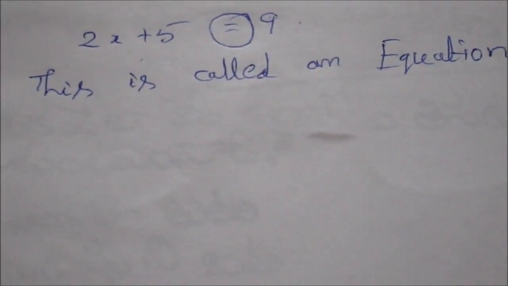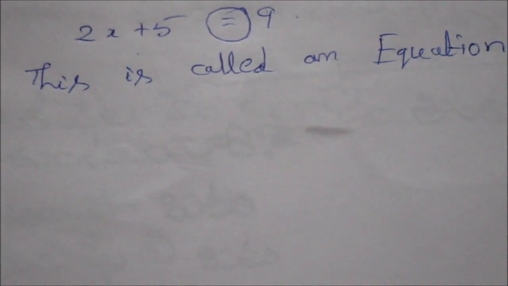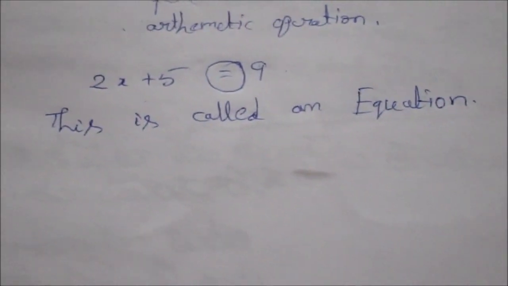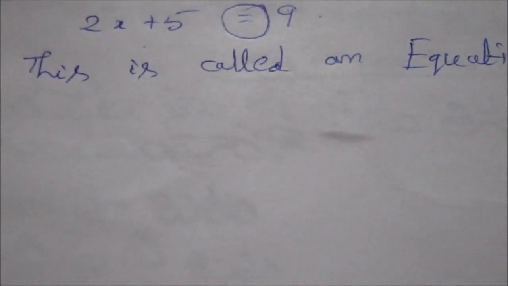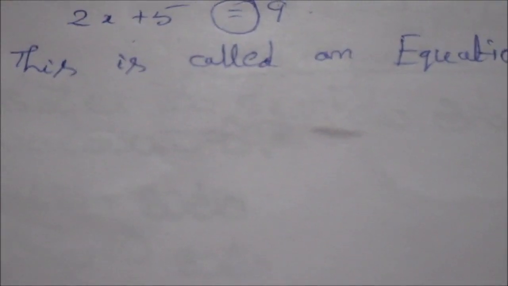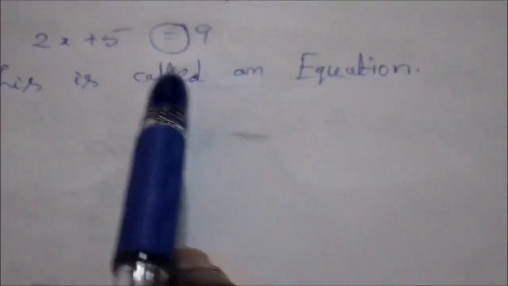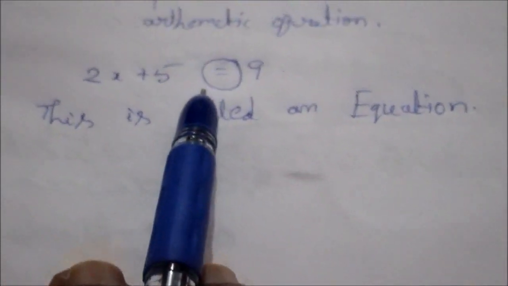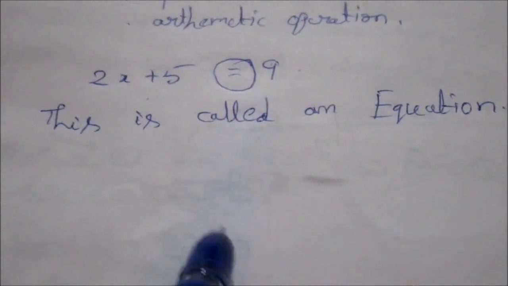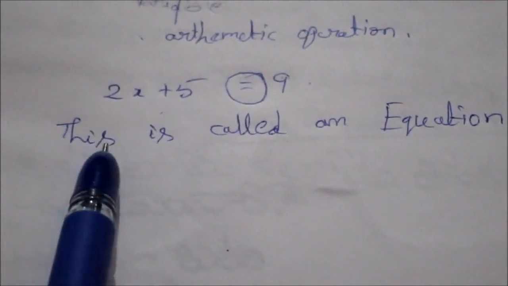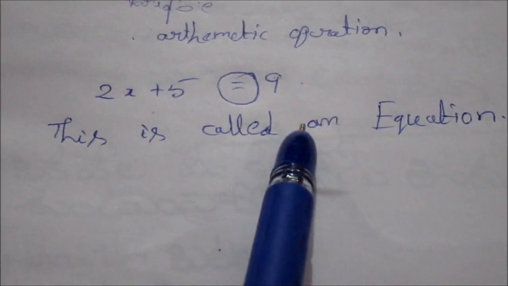An algebraic equation is equality of algebraic expressions involving variables and constants. That is called an equation, and an equation has an equality symbol, equal to. And see, this equation has two sides. This is one side and this is another side.